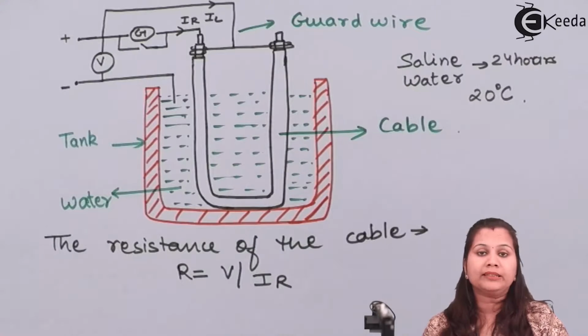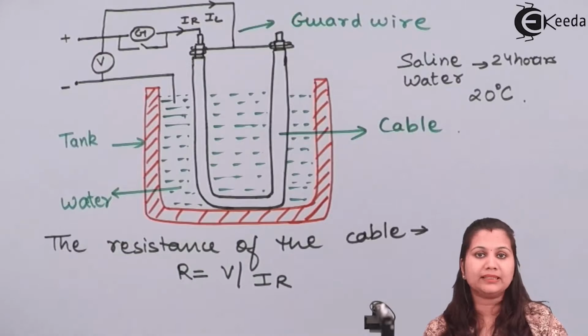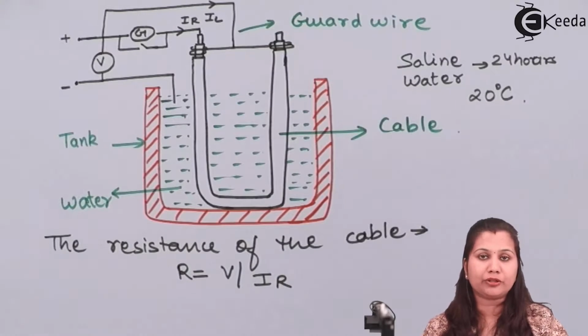Then we saw the use of the guard circuit, which is used for bypassing the leakage current. And in the last we studied the direct deflection method in two ways: one in which the resistance of the cable with the metallic sheath is measured, and one for the cable without the metallic sheath.